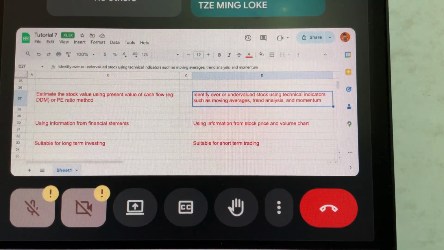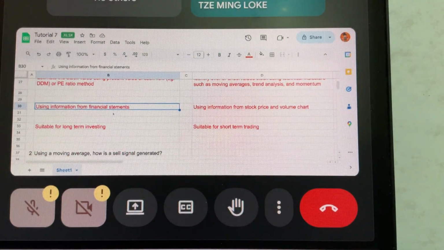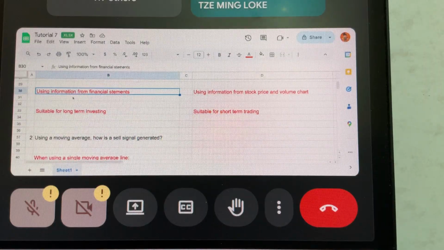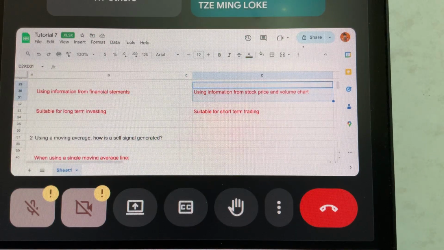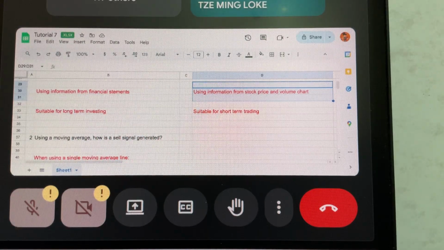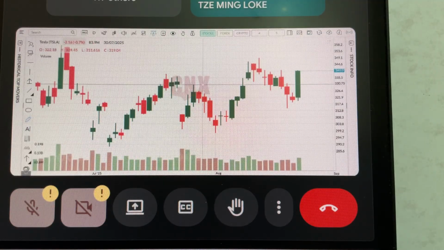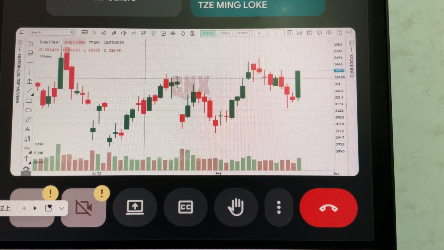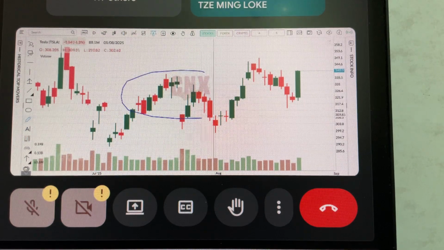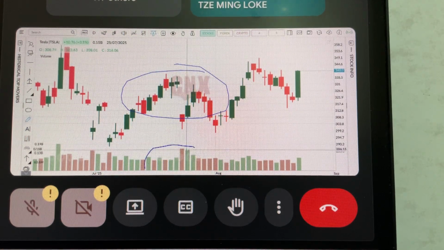Next thing, fundamental analysis uses information from financial statements, which is what you've been doing. Technical analysis uses information from stock price and volume charts. Like I told you earlier, if you look at this chart here, what do we have? We basically have the price, which is on top here, and also the volume.